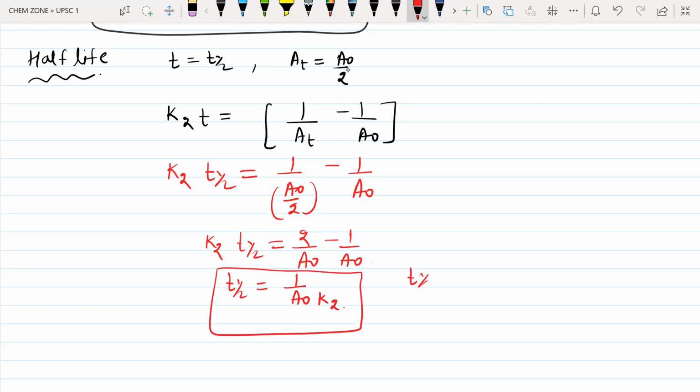Hence, this equation proves that t half of a second order reaction is inversely proportional to the initial concentration of reactant.